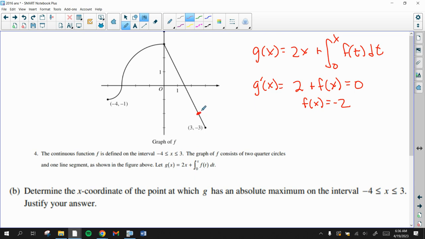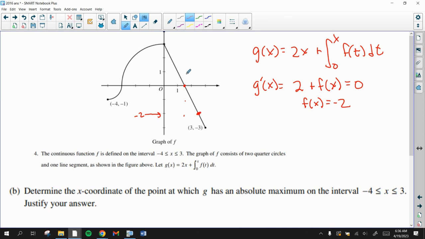To find out where that is, the slope of this line is down 1, 2, 3, 4, 5, 6 over 1, 2, 3, so -2 over 1. If I want to find out where this graph is -2, the way I would do it is start from here, where it's 0, go down 2, and over 1.